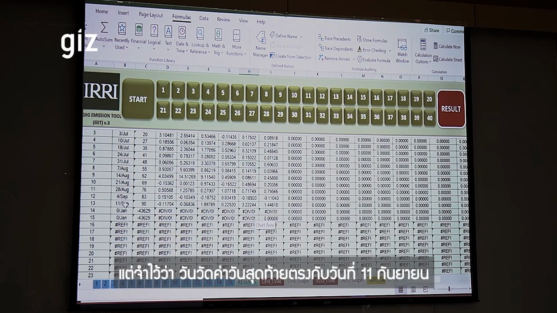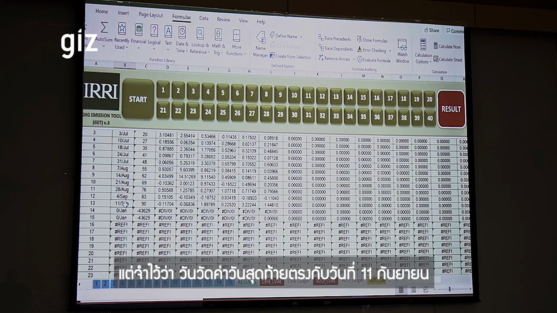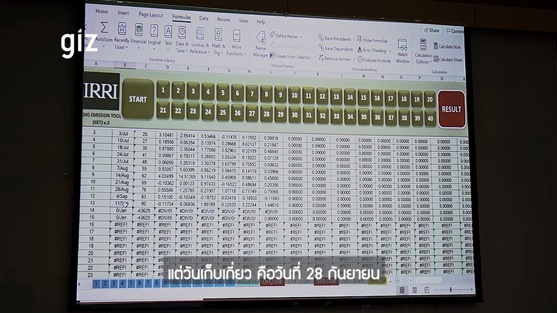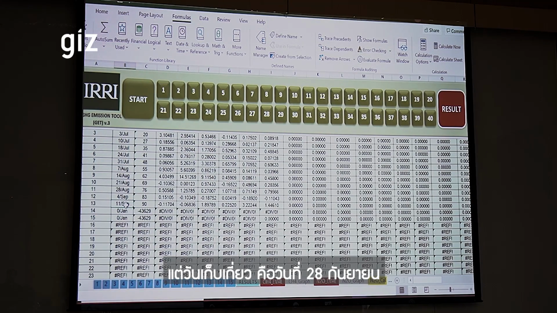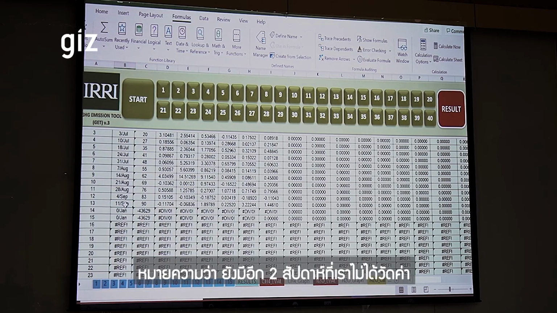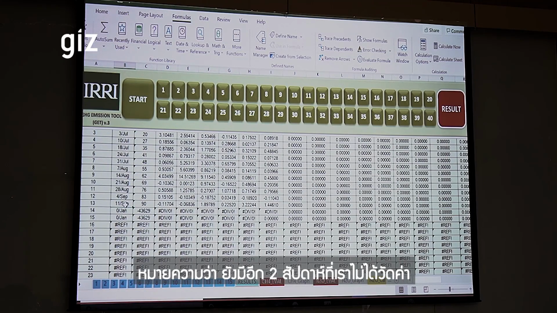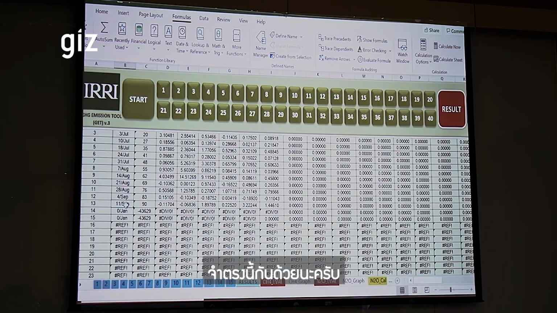But remember, the last measurement day is 11 September, but the harvesting time was on 28 September. So there is still almost 2 weeks more where we do not have measurement. Please keep that in mind.